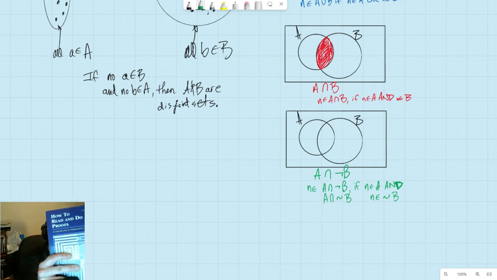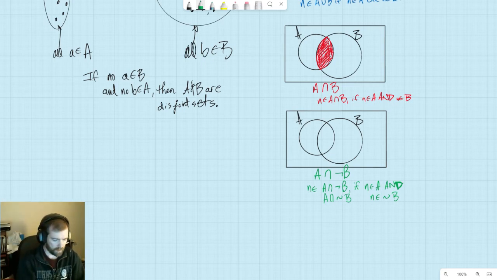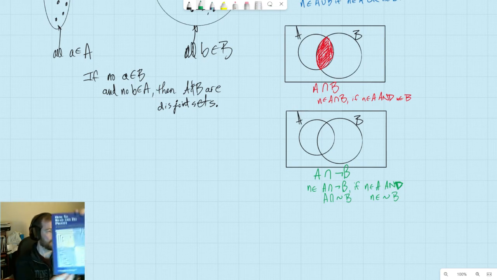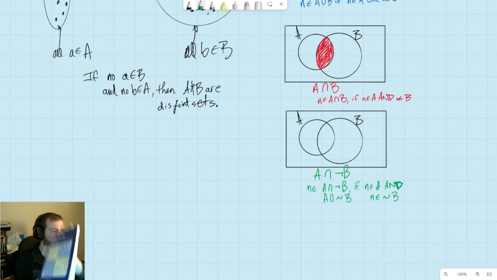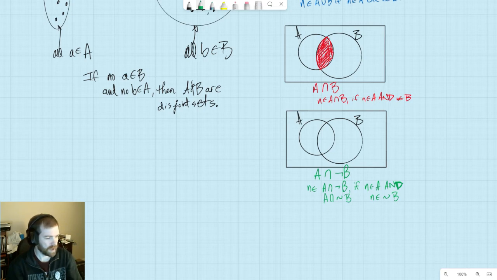How to read and do proofs. I would probably look this up by Daniel Solow. I would see if your school's library has a copy of it or something similar. It's possible also your community library might have something about that.